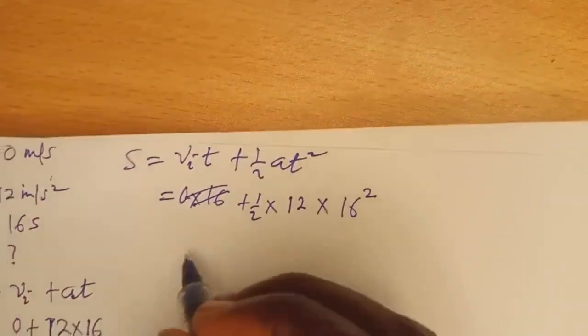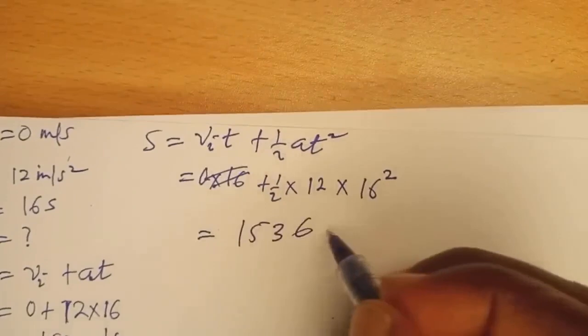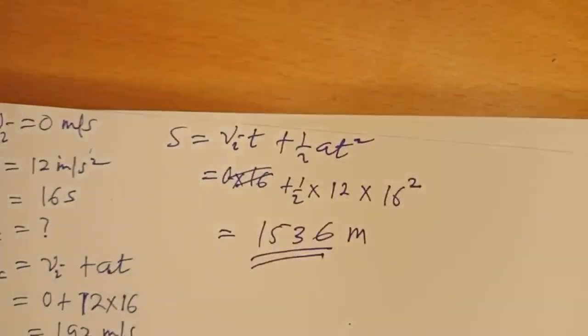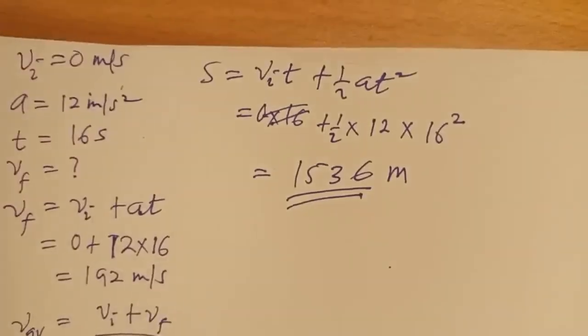So my result will be 1536, and since it is distance, it will be in meters. This is how I will get my final velocity, my average velocity, and my distance covered. We have to take note of this seriously.